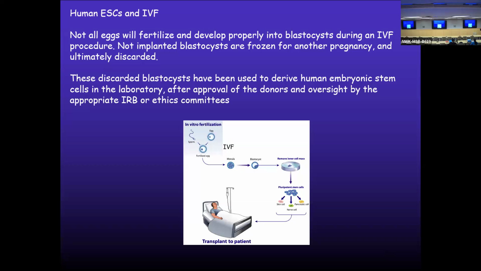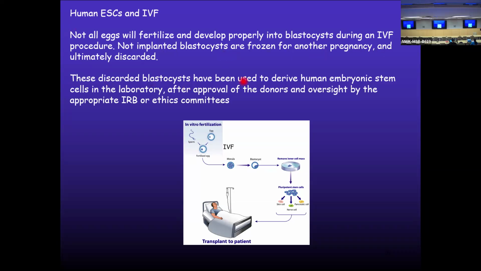And at the end, they want to discard these eggs, and they're not going to use them, for example, for another pregnancy, and therefore they are used to create, for example, the different cell types. So not implanted blastocysts are frozen for another pregnancy and ultimately discarded.